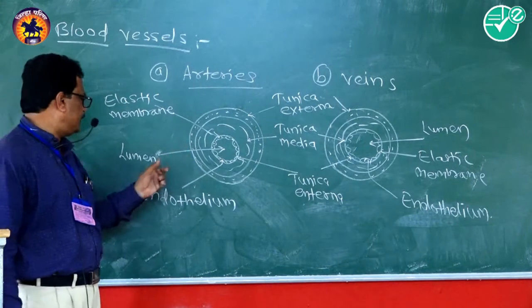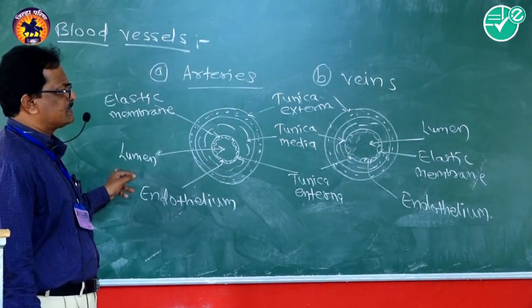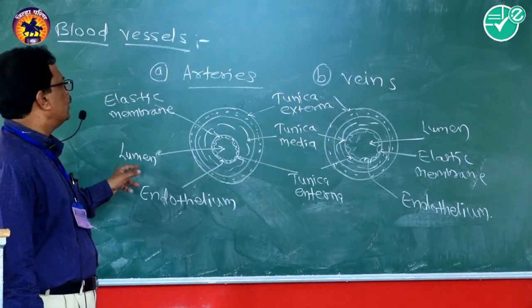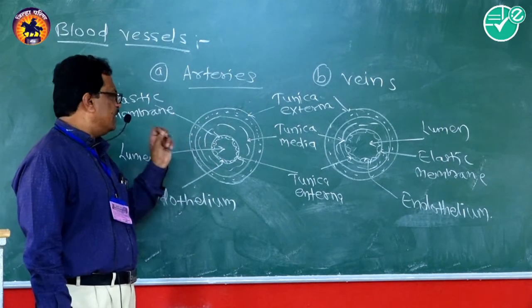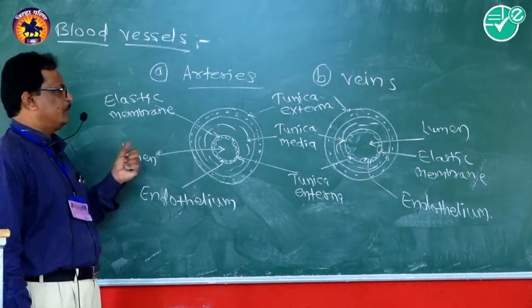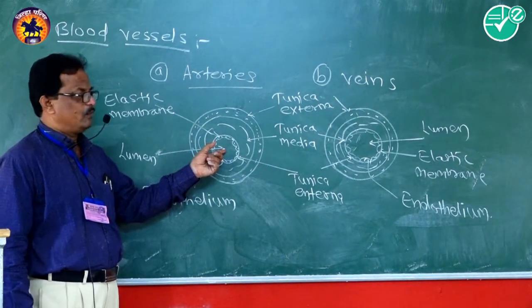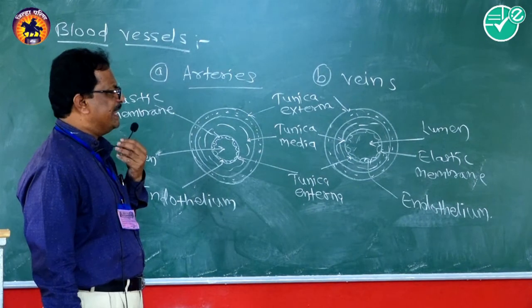The difference between the lumen in arteries and veins is because arteries absorb more pressure when blood flows in them, while the pressure of blood in the veins is less.